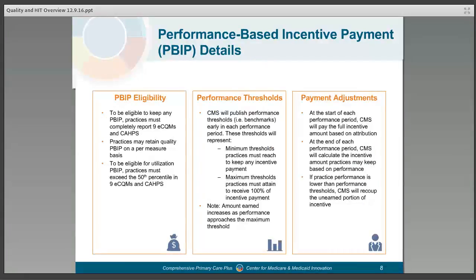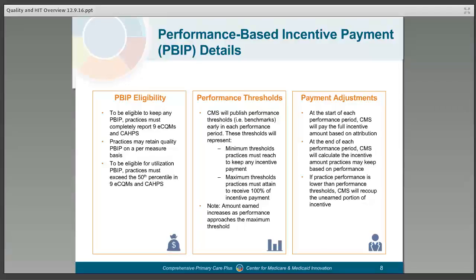I'll just say a little more about the PBIP here, but as I say, more details will be forthcoming throughout the model. So in order to be eligible for the PBIP, you do need to report the required electronic clinical quality measures. We required you to report 9 of those out of a set of 14 that we offer to you. And then you also have to participate in the patient experience of care survey. That doesn't require much of you because CMS will be conducting that survey, so that will happen for all of the practices.